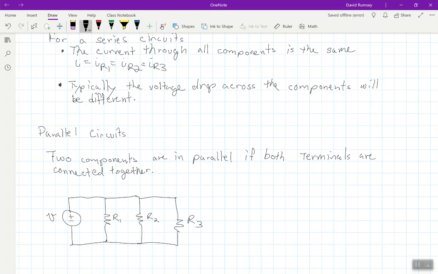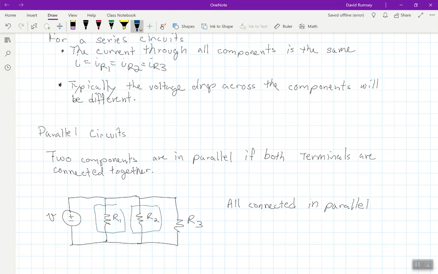Now these are all connected in parallel. And again, we only examine two devices at a time, but let's just go ahead and pick two devices here. Now it turns out that it doesn't matter which two devices you pick, but I'll just go ahead and pick R1 and R2 to examine.